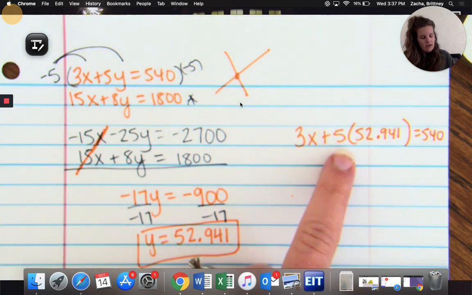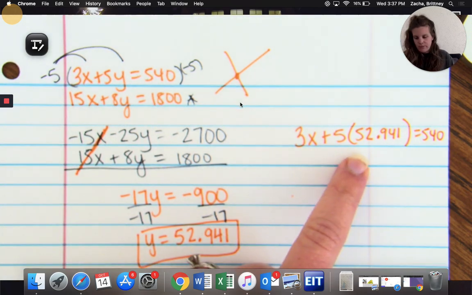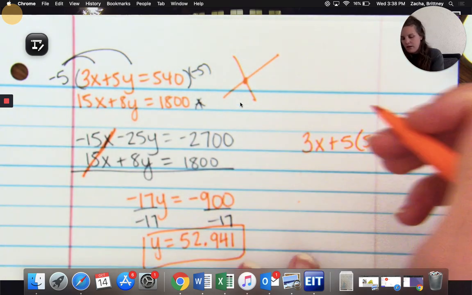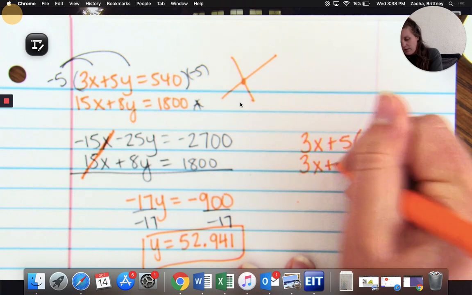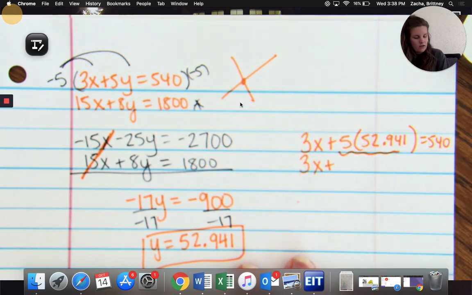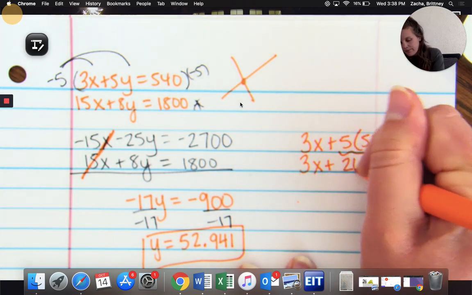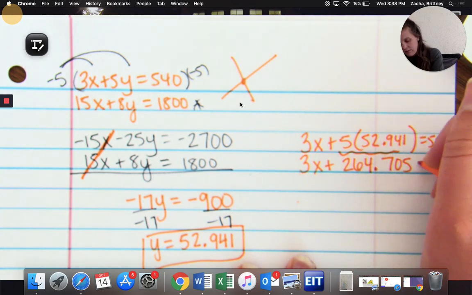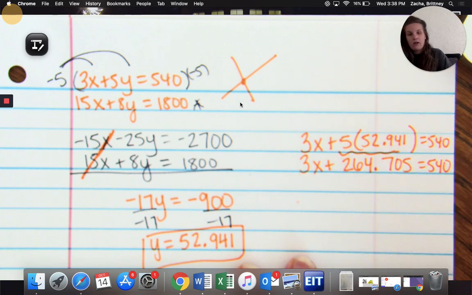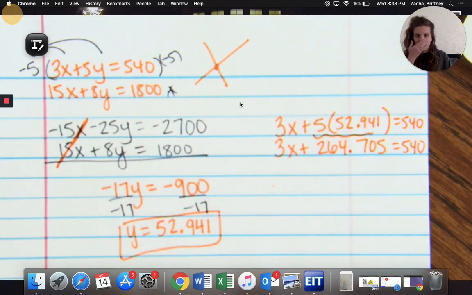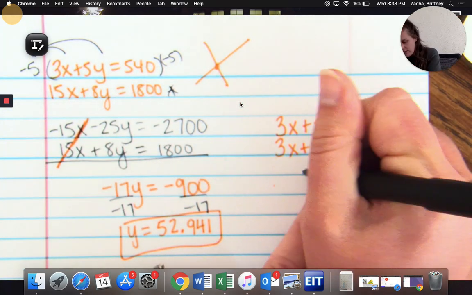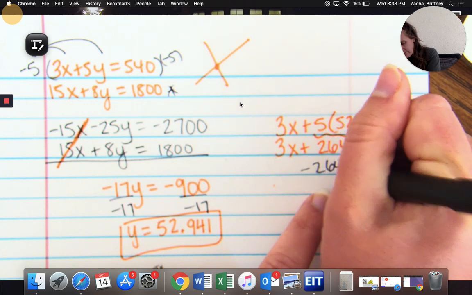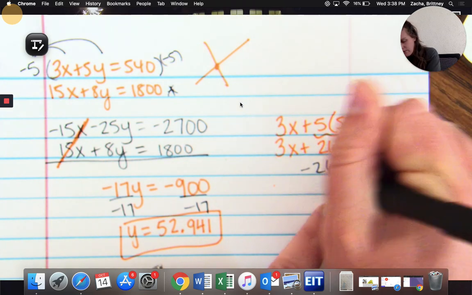So we can do 5 times 52.941. So 3x plus, when you multiply those together, you get 264.705. Okay, so now subtract over your 264.705.